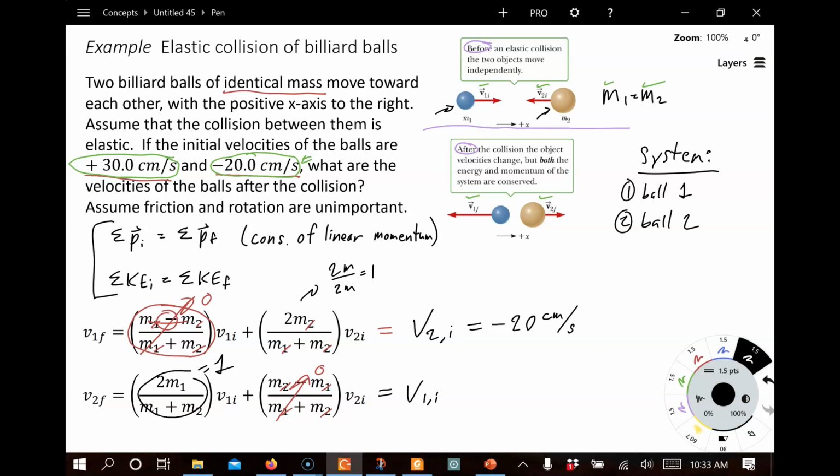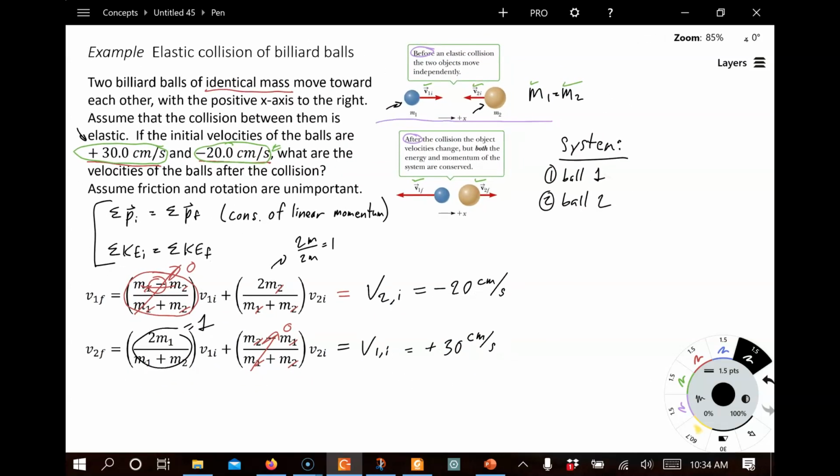And for v1 initial, we said that's this one here, the one that's going in the positive direction. So this is going to be a plus 30 centimeters per second. And so if you look at what happened here, after the collision, these two balls have both reversed directions, and now they have the same speed but opposite directions. They basically flipped their velocities, right?